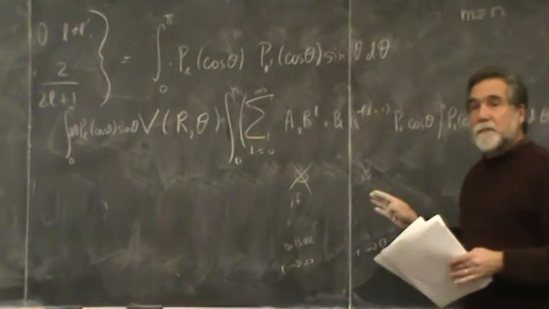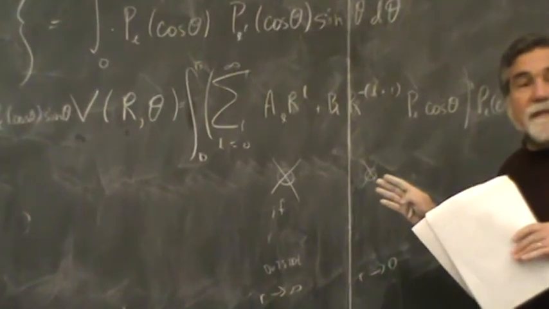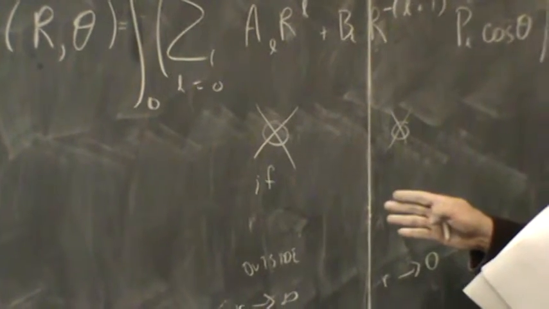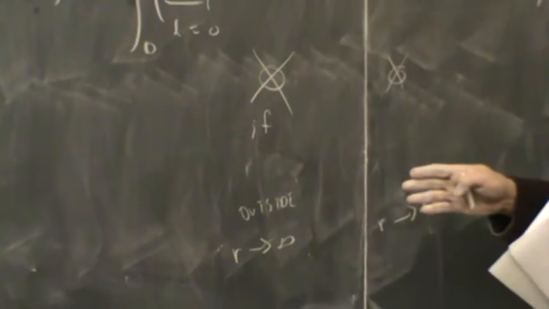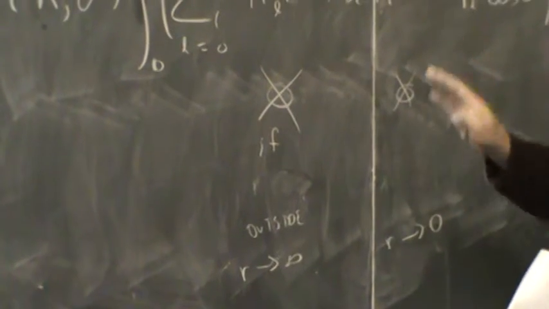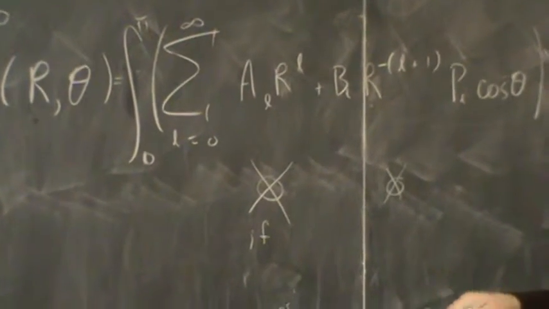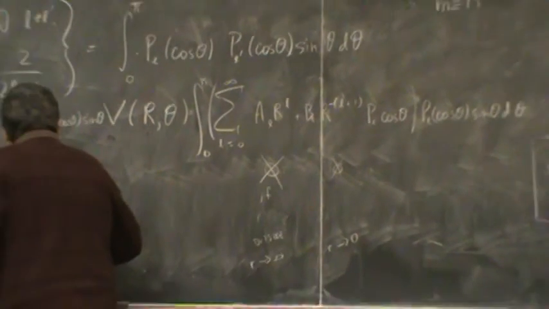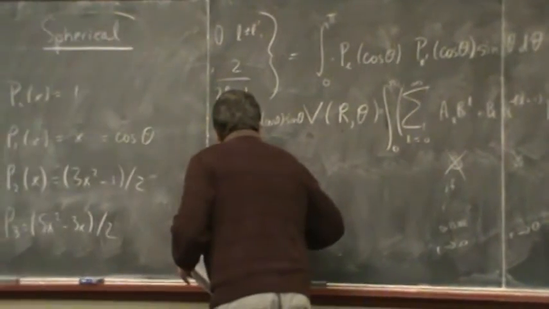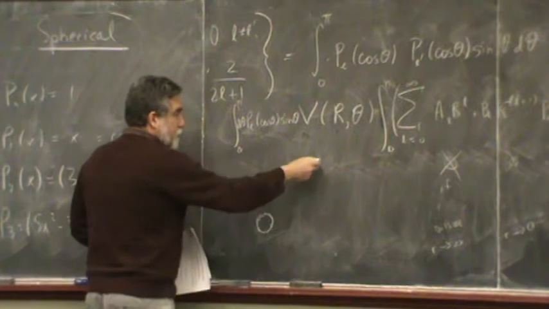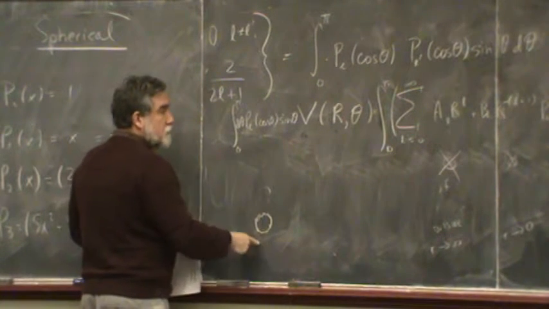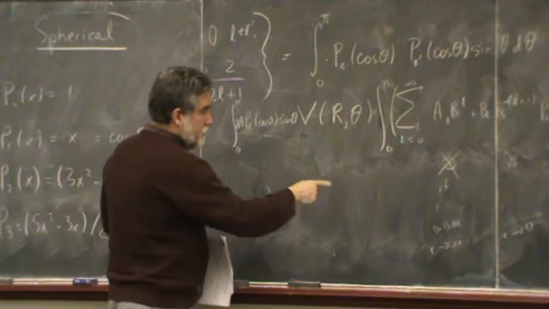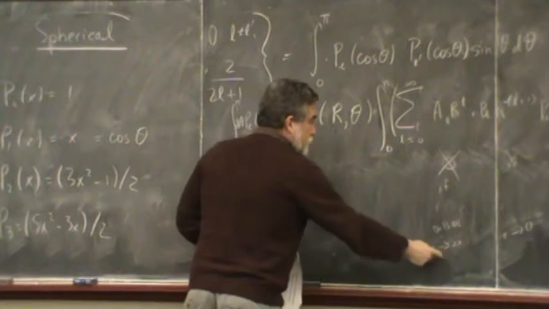If I have a problem in which r doesn't go to infinity or to 0, then I need to include all of the solutions. So, for example, in this problem, where I define the potential on a surface and want to find the potential out here, I can drop out these solutions.